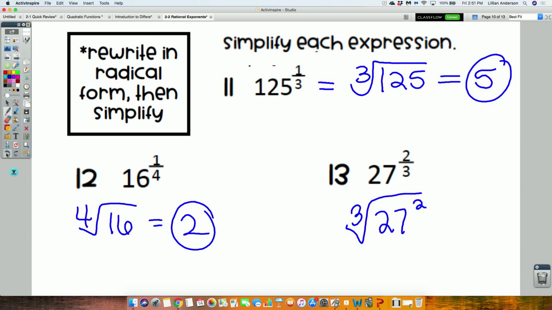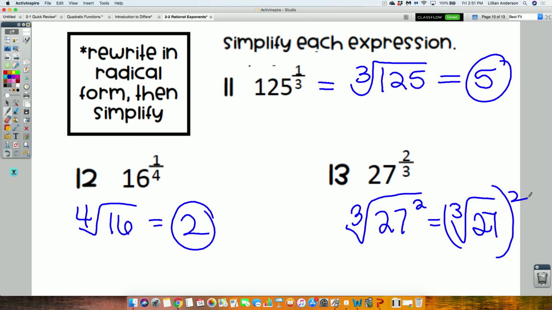It's a lot easier to do the cube root of 27 and then square your answer. This is the same thing as saying this. So you can do the cube root first and then square it versus trying to square 27 and then taking the cube root of that. That's a very large number.